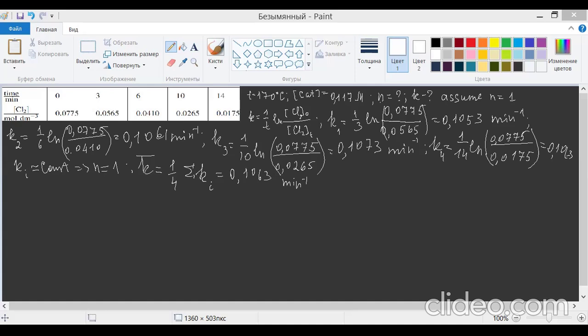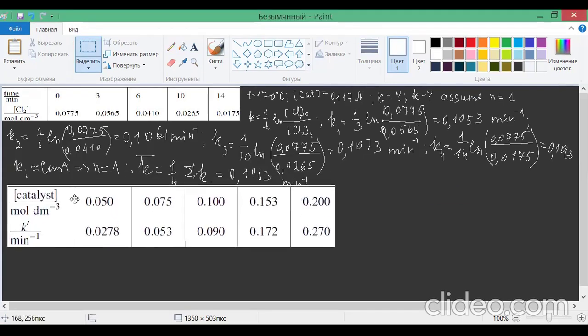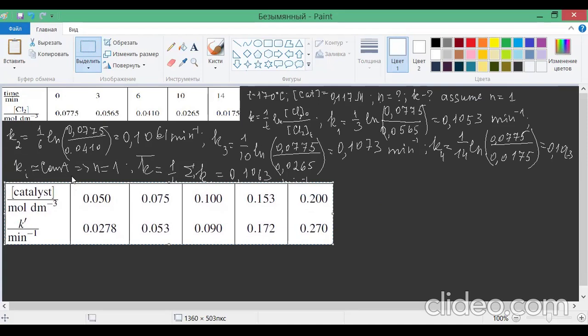We got another table. It shows the dependence of the concentration of a catalyst and the effective rate constant, k prime.